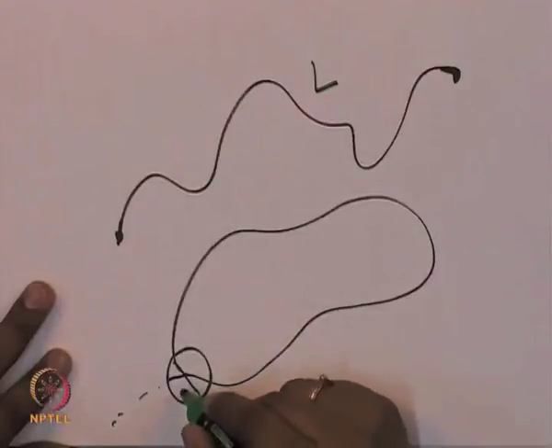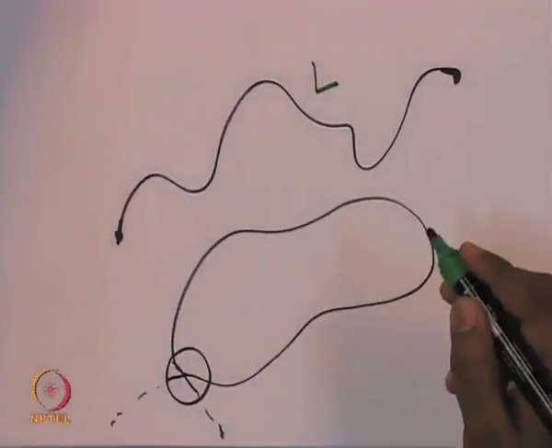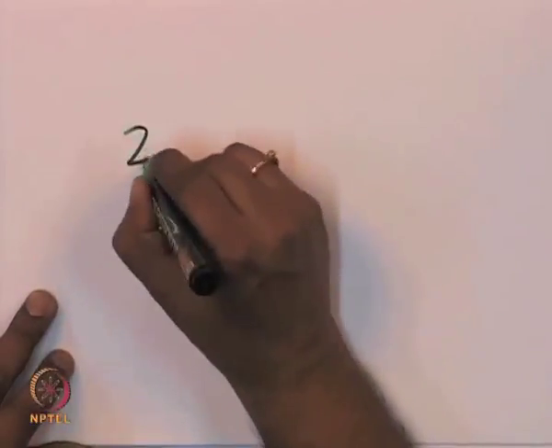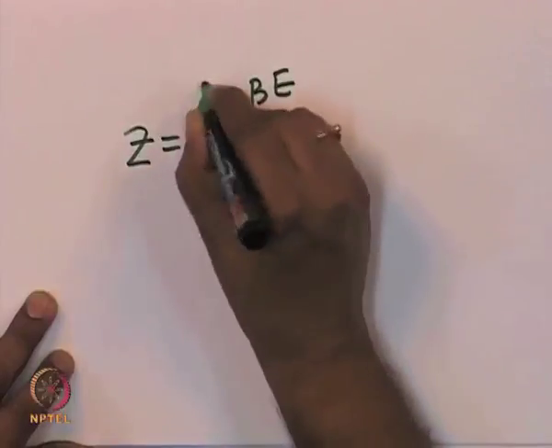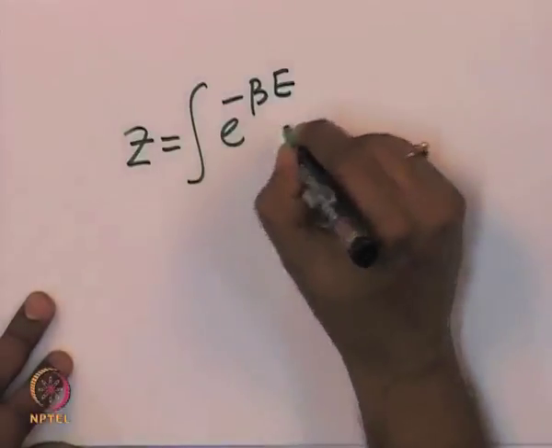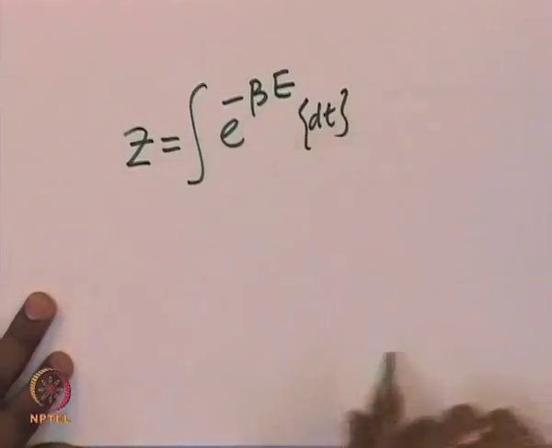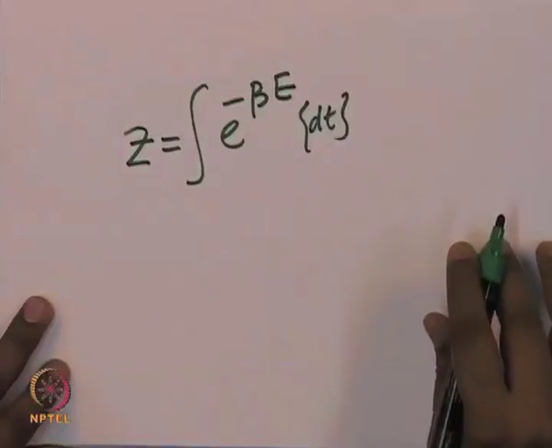The answer to that can be calculated from the partition function. So, what is the partition function? We said that Z is e to the power minus beta E, integrated over all states. All states for us is all dt's. Now, what do we want?